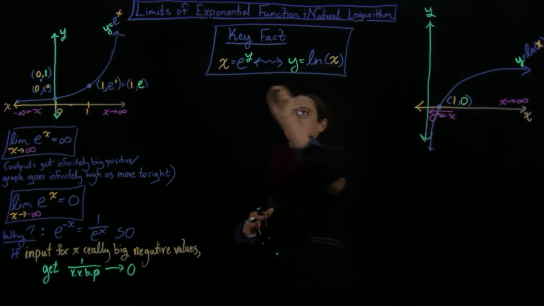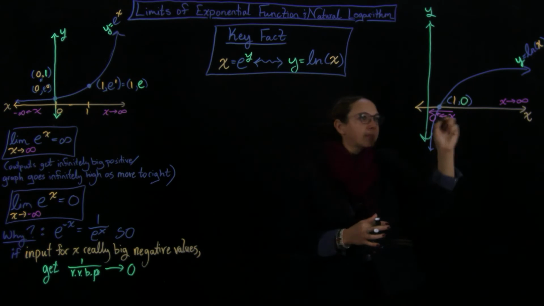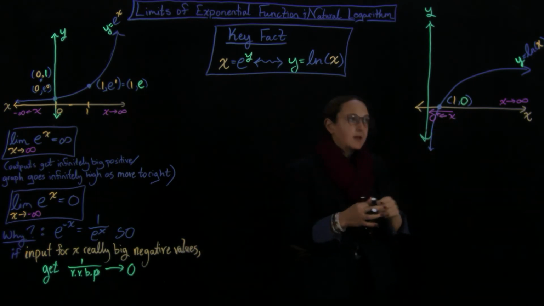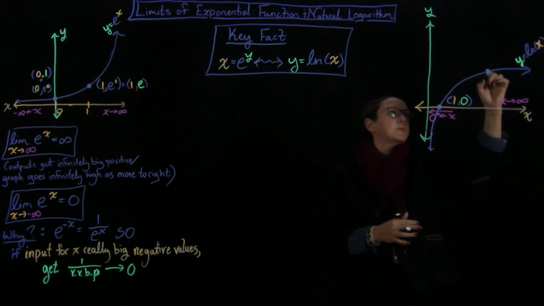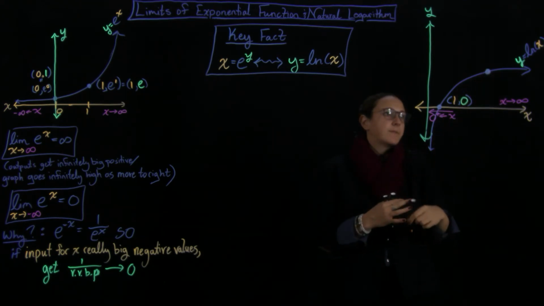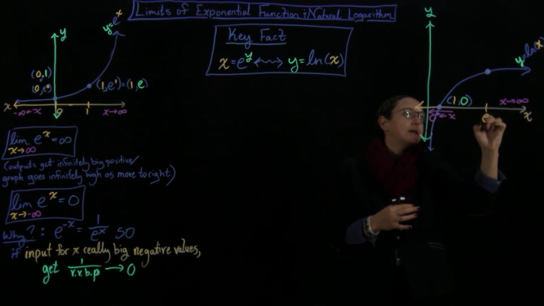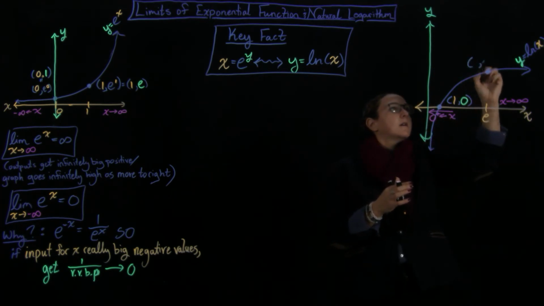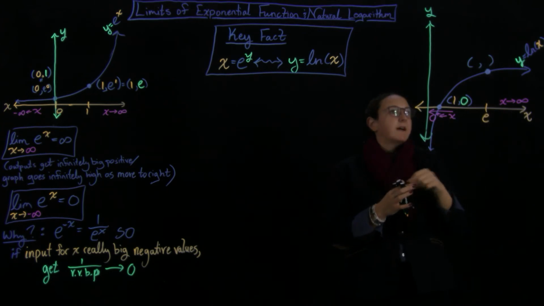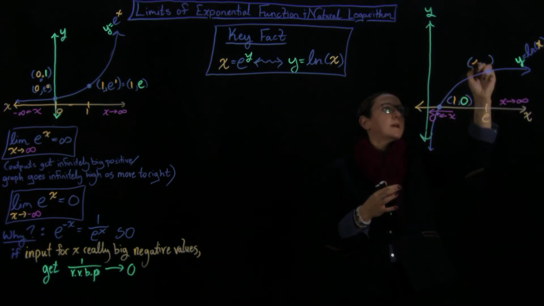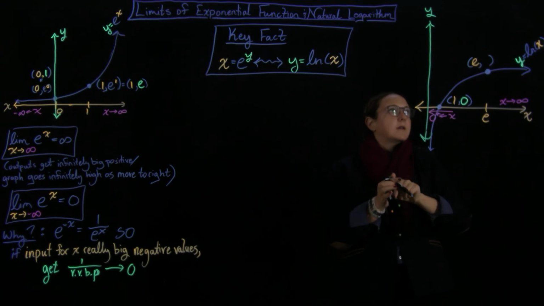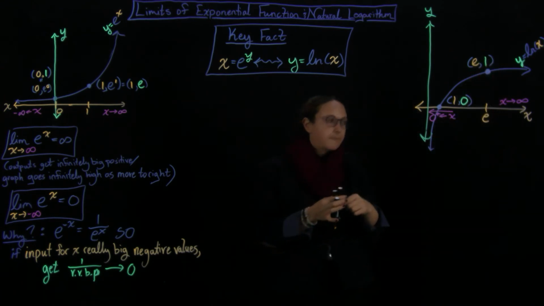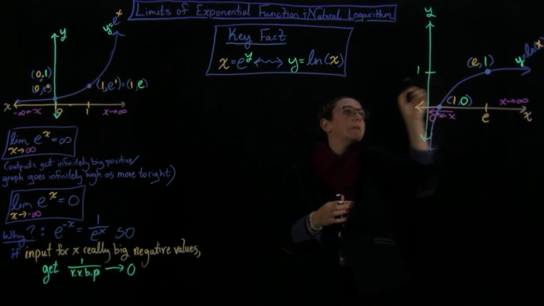We're just swapping. The other point is I have the point (1, e) there, so I'm going to have the point (e, 1) here. So at e, I'm going to be of height 1 there. It's useful sometimes to know that.